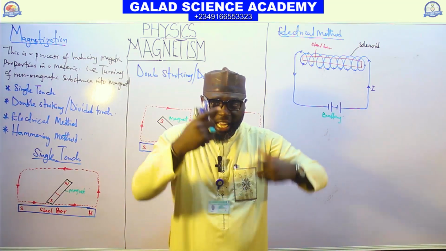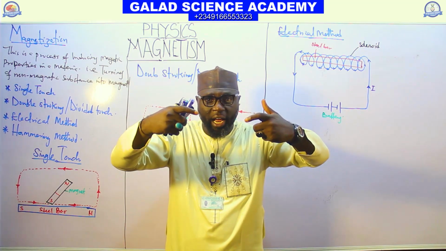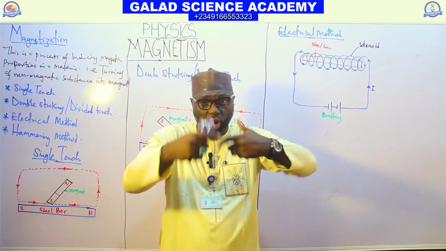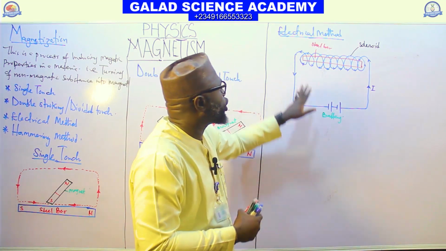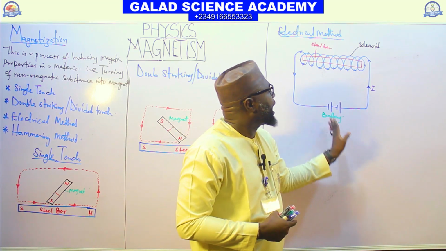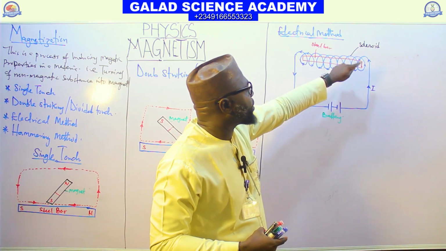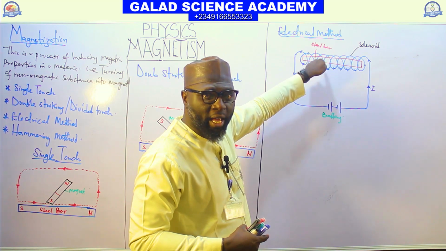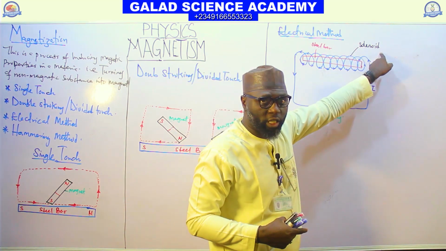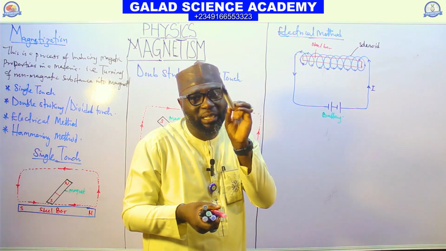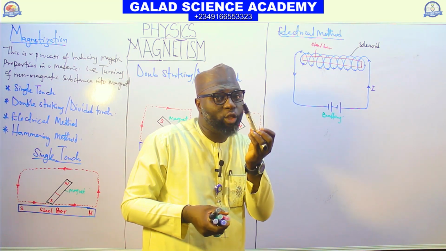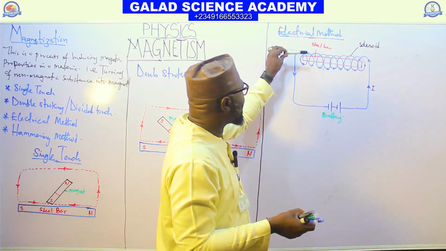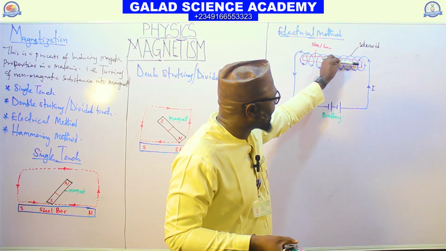You connect a coil in the form of a rod structure to a battery. A wire made in the form of a coil, we call it a solenoid. You will now place the steel bar that you want to become a magnet here, inside here.